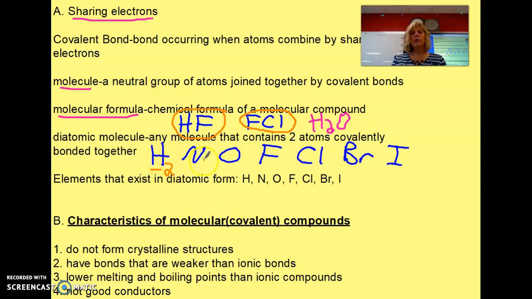So pure hydrogen, pure nitrogen, pure oxygen, pure fluorine, chlorine, bromine, and iodine. Whenever we have those substances pure, they are always diatomic. It's always N2, O2, F2, and so on.